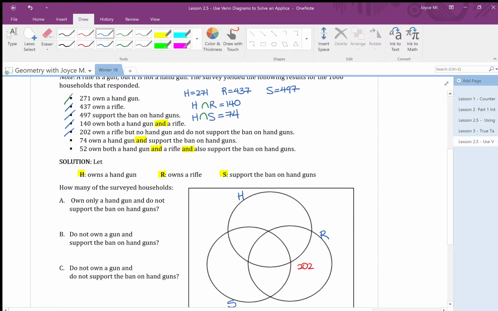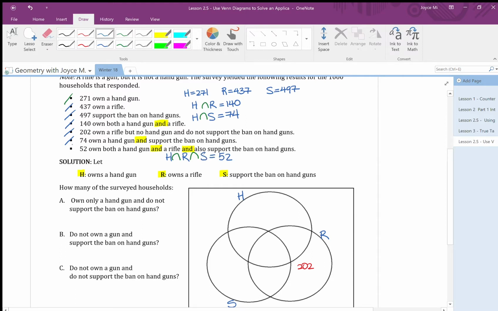Last piece, it tells me that 52 own both a handgun and a rifle, owning a handgun is H and a rifle is R, and supporting the ban is S, and that is equal to 52.